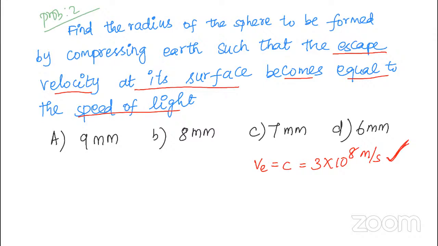Already we have written 3 equations for V of E. One is square root of 2GR, and another is square root of 2GM by R. And one more equation in density format. We have written these 3 equations for VE. So for this problem we have to use this one: V of E is equal to square root of 2GM by R.